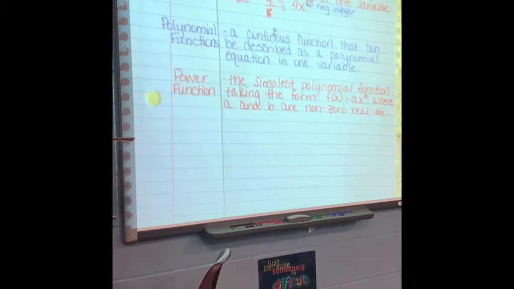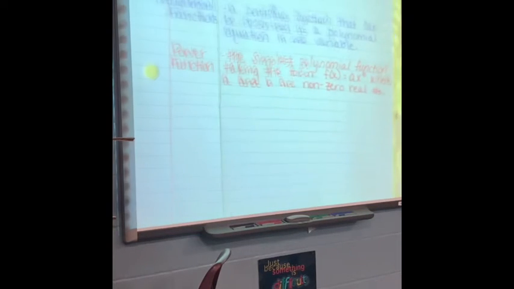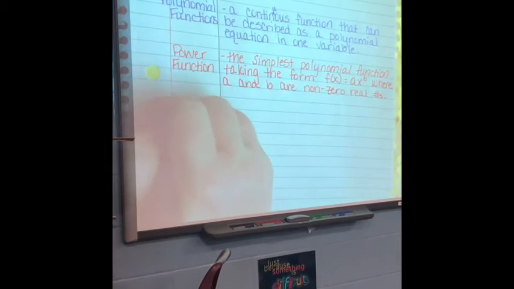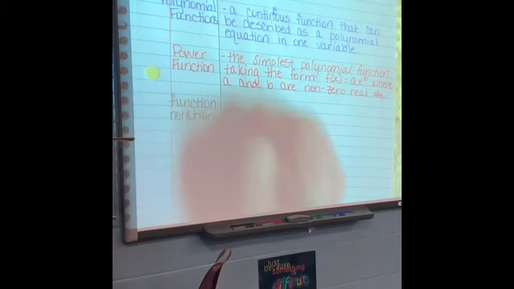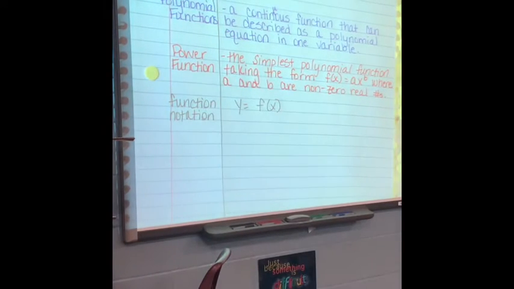All right, so I want to take you back for just a minute to function notation, where we learned that y was equal to that f of x notation. And we said that the x there is what replaces all the x's within the equation, right?